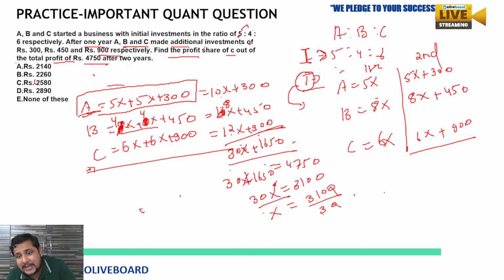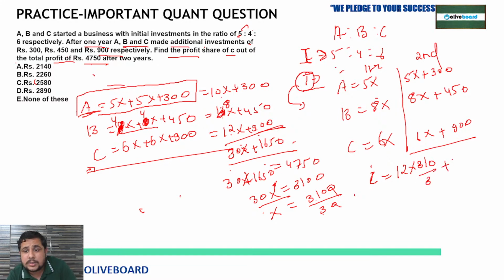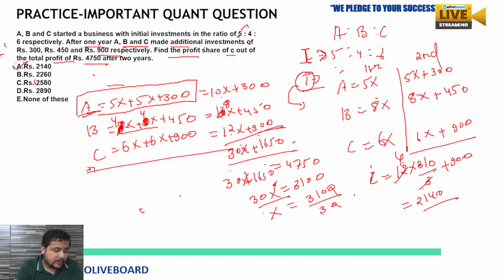So the share of C, 12x means 12 into 310 upon 3, plus 900. By 3 you can cancel 4 times. Now 310 multiply 4 is 1240, plus 900, so it will be 2140, right? Option A will be the correct answer of this question, right? Clear to all of you?